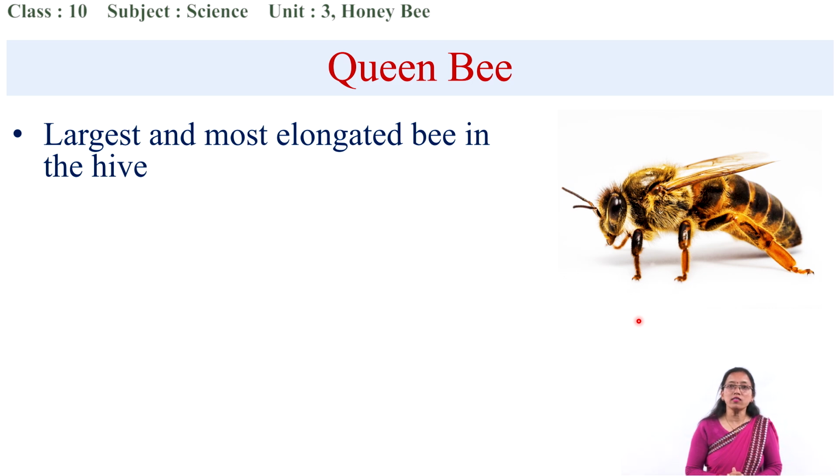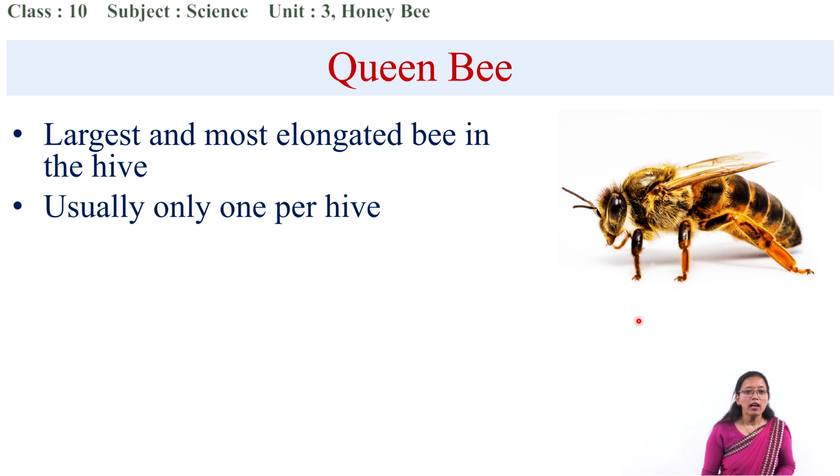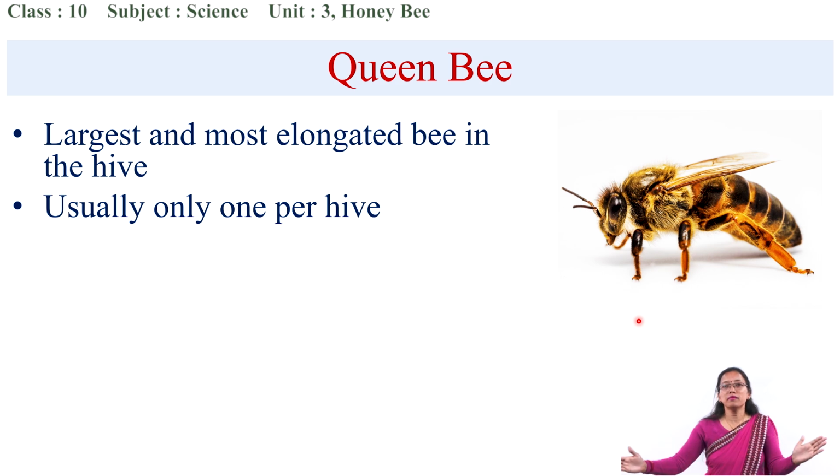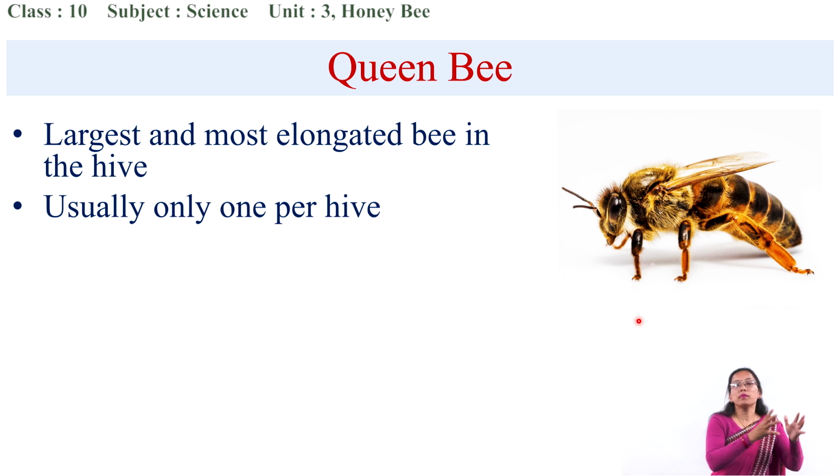It is the longest, the largest one we can say. And usually one per hive. Each hive contains one queen bee. And if they produce 2 queen bees, then that hive will be divided into 2 colonies. That means one queen will take some worker bees and drone bees and make another colony.